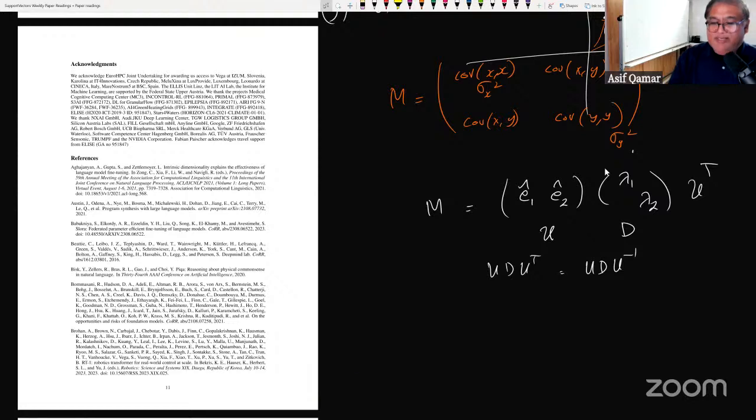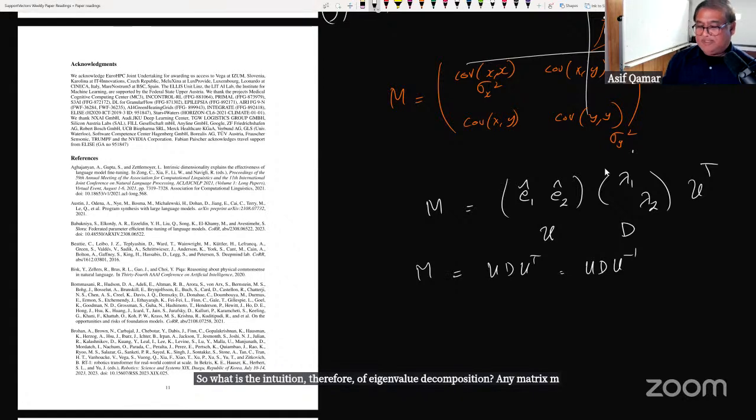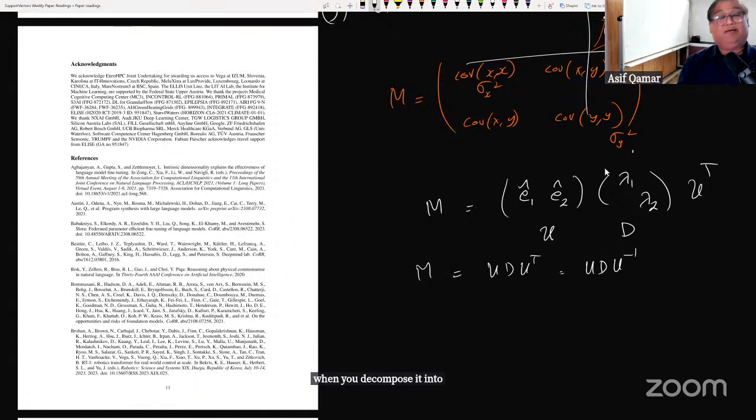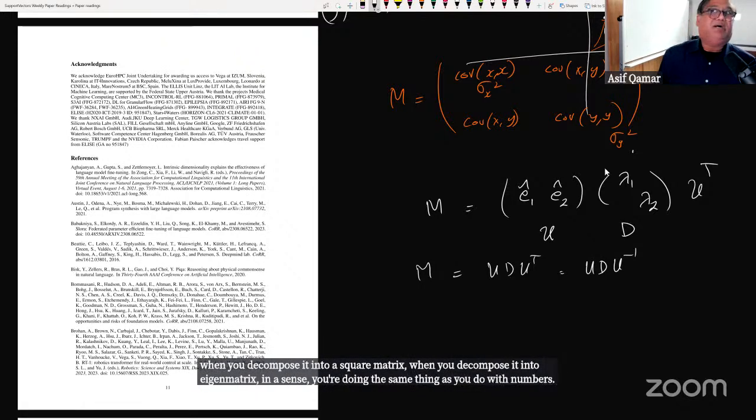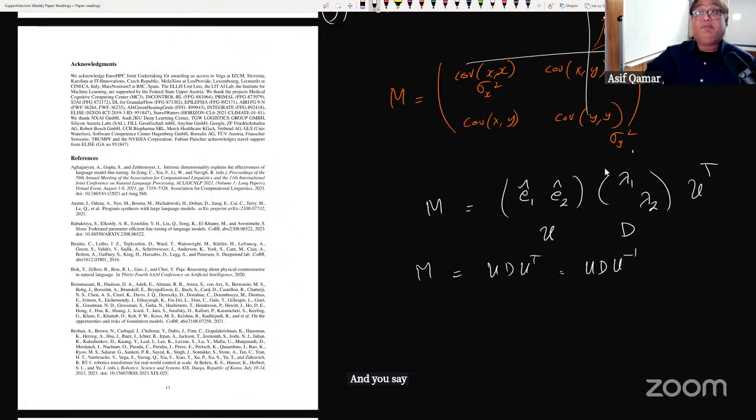So what is the intuition, therefore, of eigenvalue decomposition? Any square matrix M, when you decompose it into eigenmatrices, in a sense you're doing the same thing as you do with numbers. Suppose I give you a number 42, and you say it is made up of the primes 2, 3, and 7, right? In some sense, you have unpacked 42 and understood the structure of 42, isn't it?